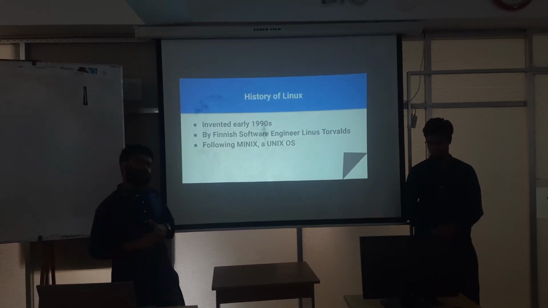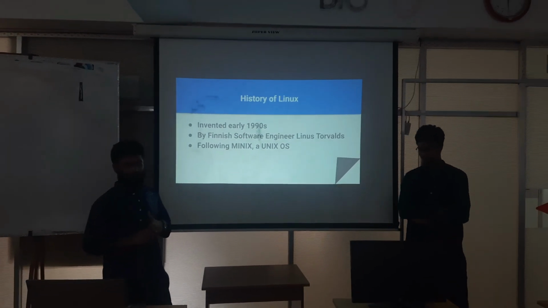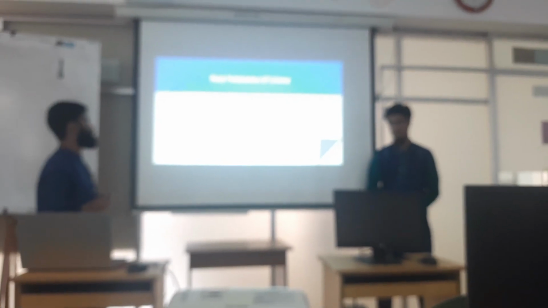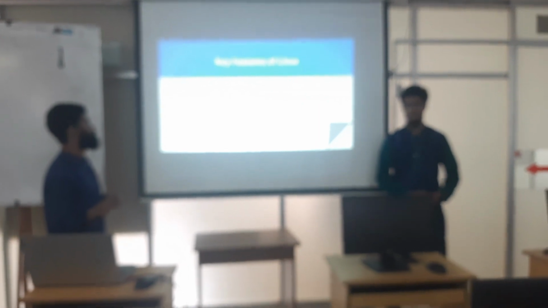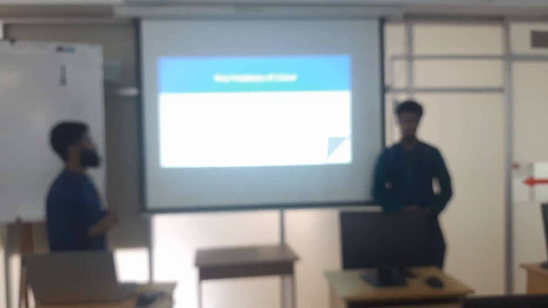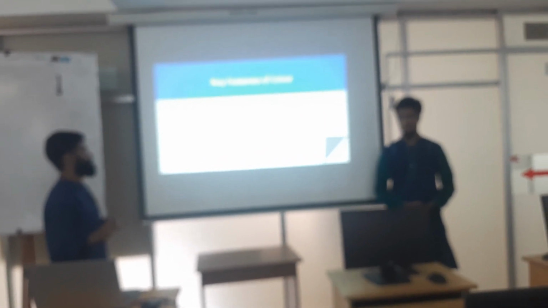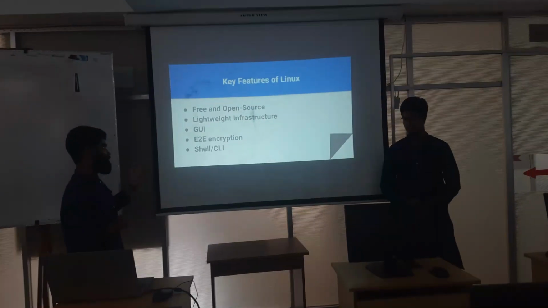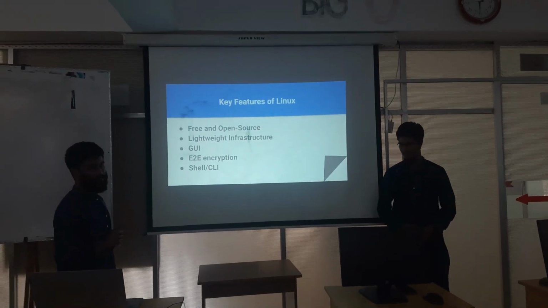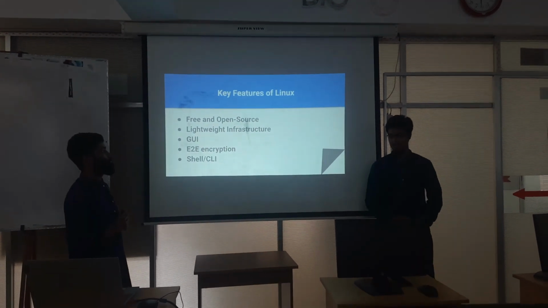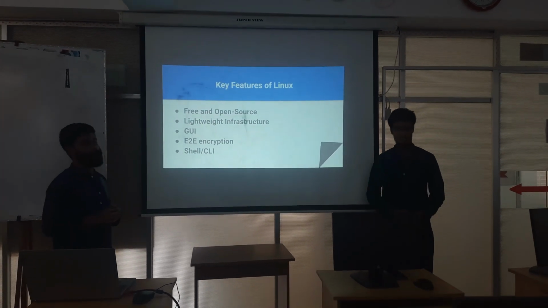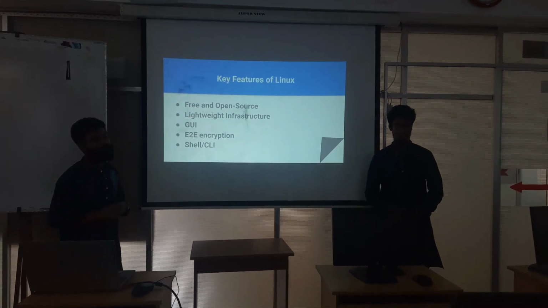So now we are going to know about the history of Linux. Open source means you can customize it by yourself for your own purposes. Next, we can see lightweight infrastructure. Lightweight infrastructure means you don't need huge resources to use this operating system.